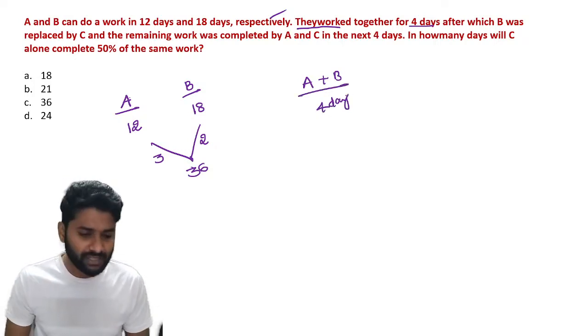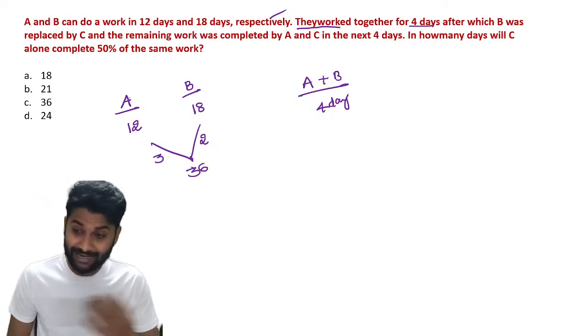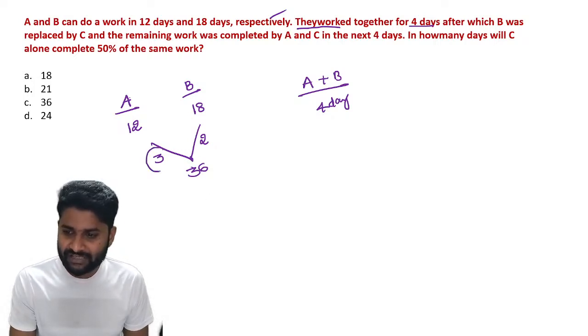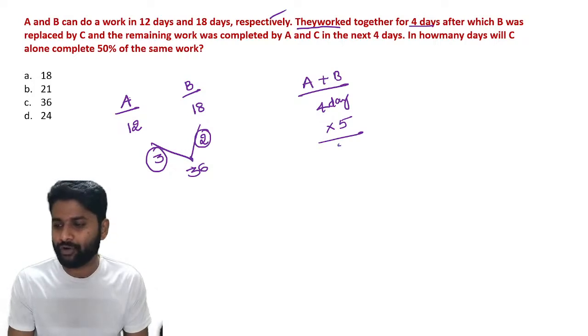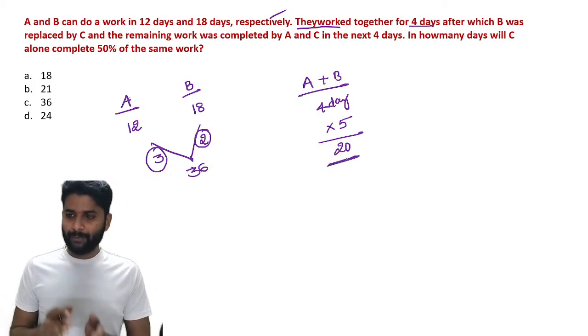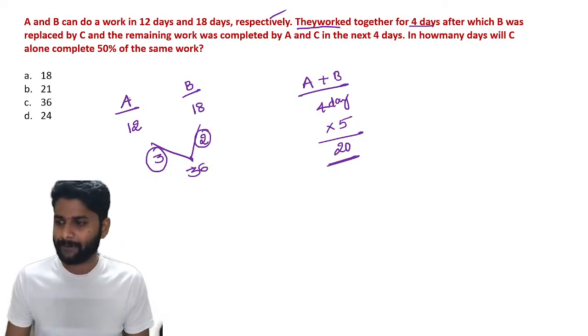They will complete a certain number of units according to their efficiency. A's efficiency is 3 units, B's efficiency is 2 units. Together per day 5 units. In 4 days, they will complete 20 units of work.